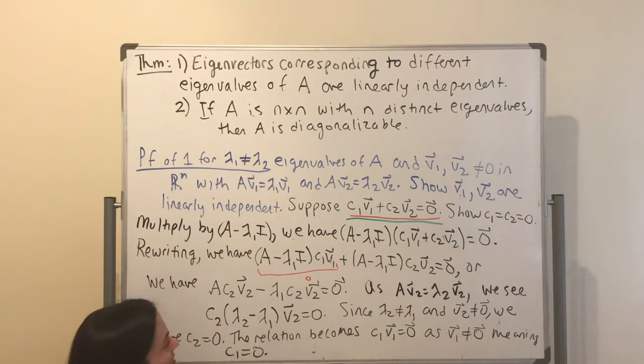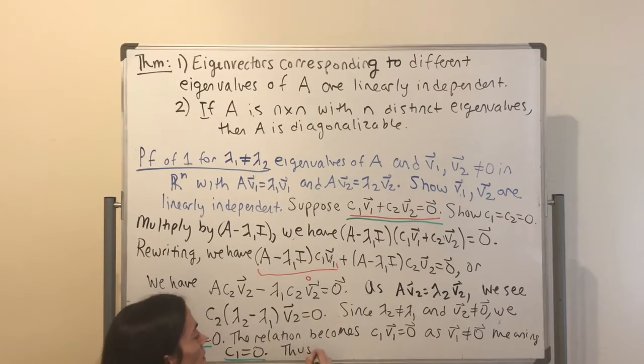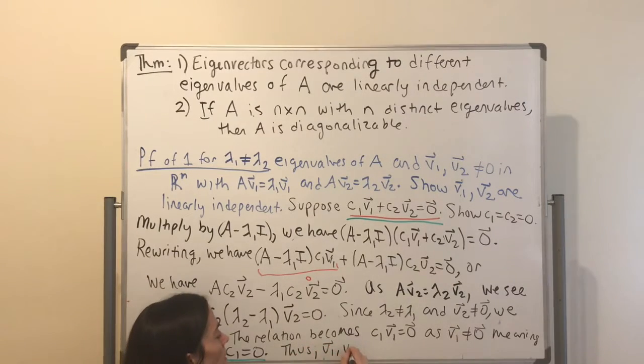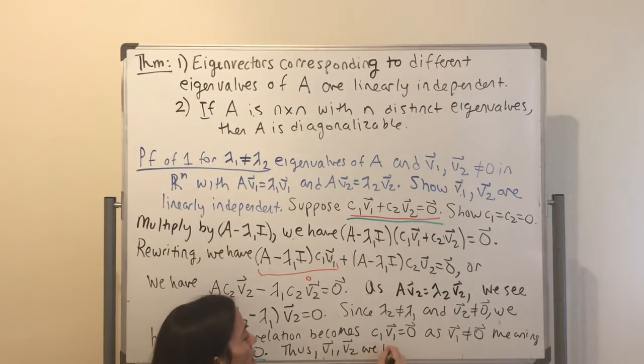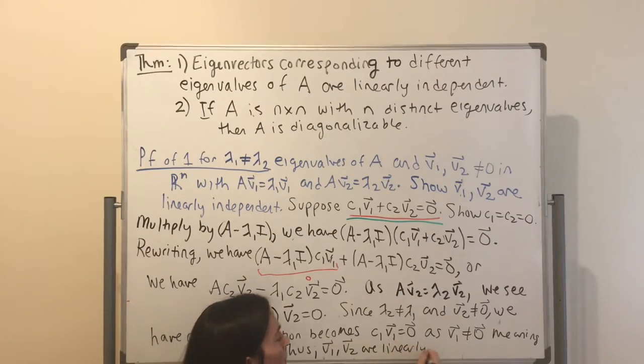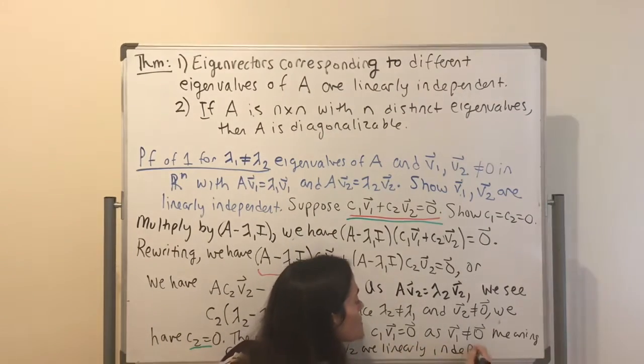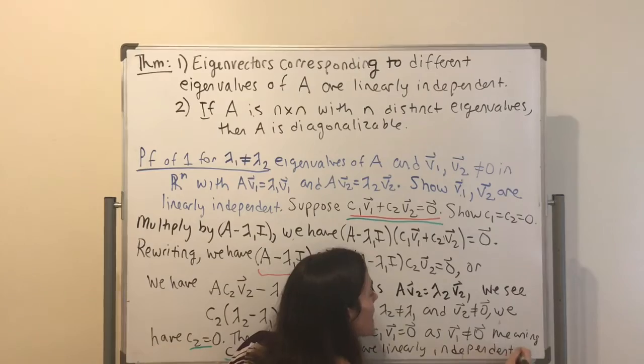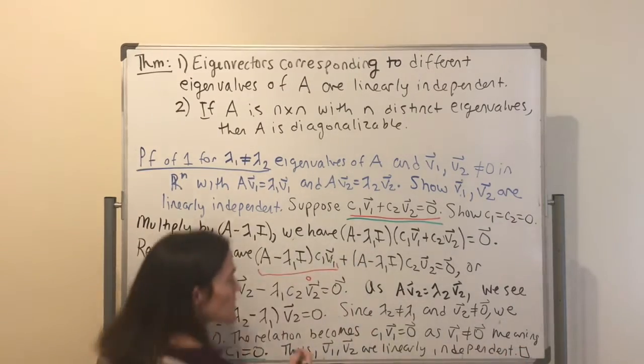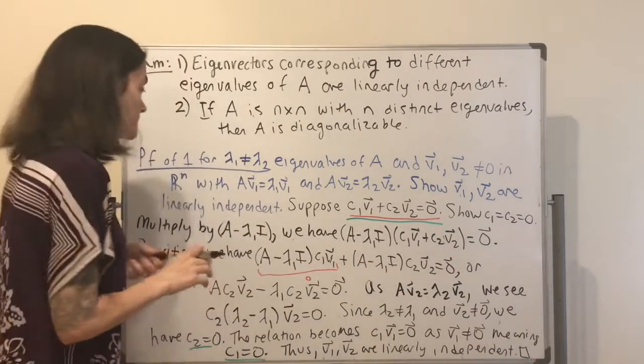So what did I need to show? Look, it says show C1 and C2 is 0. Here we have C2 is 0, C1 is 0, and so maybe I will just say thus, V1, V2 are linearly independent. And not only am I out of space, but I'm also finished with this proof.